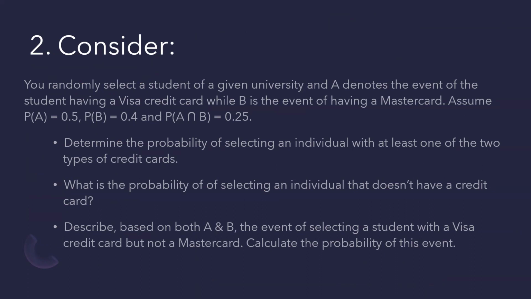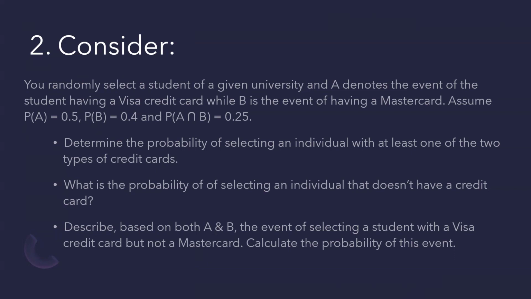We're going to assume that the probability of A, the Visa card, is 0.5, the probability of having a MasterCard is 0.4, and the probability of the student having a MasterCard and a Visa, the intersect, is 0.25. So first, determine the probability of selecting an individual with at least one of the 2 types of credit cards. Okay, so it's going to be an or.